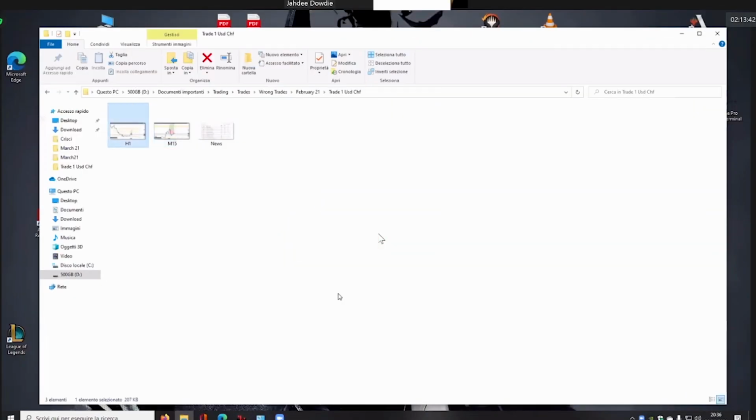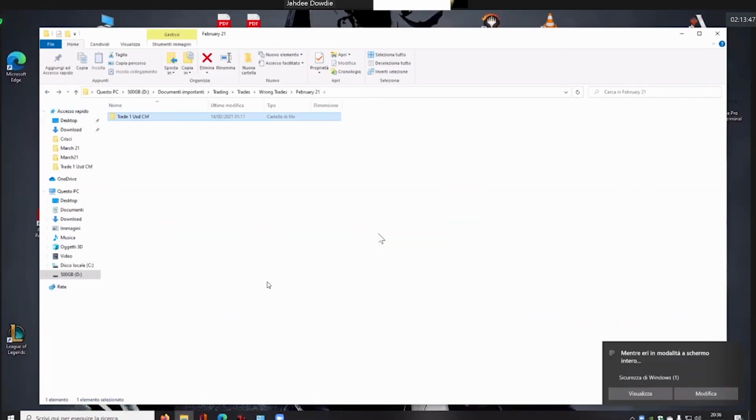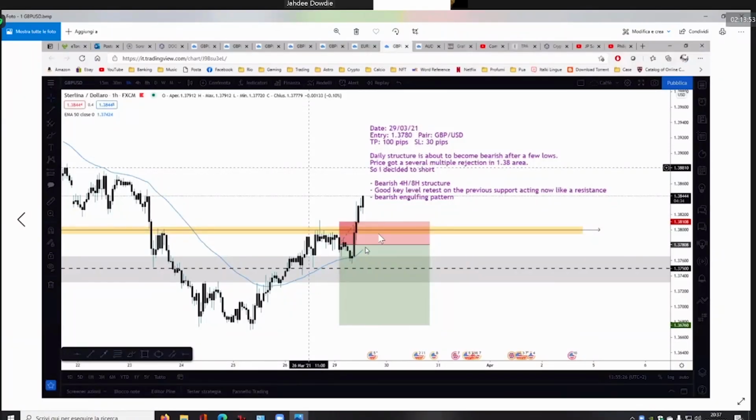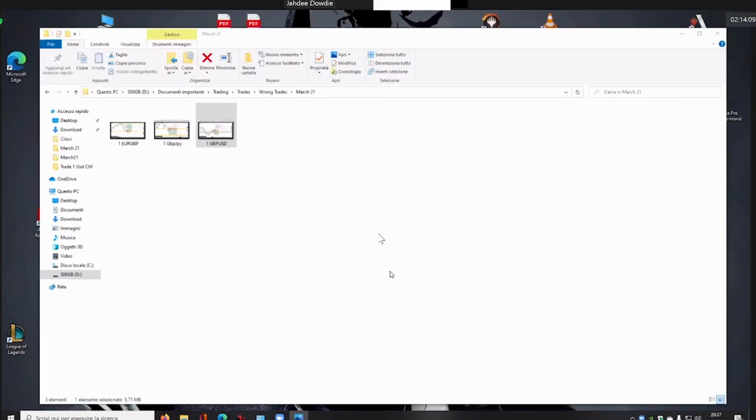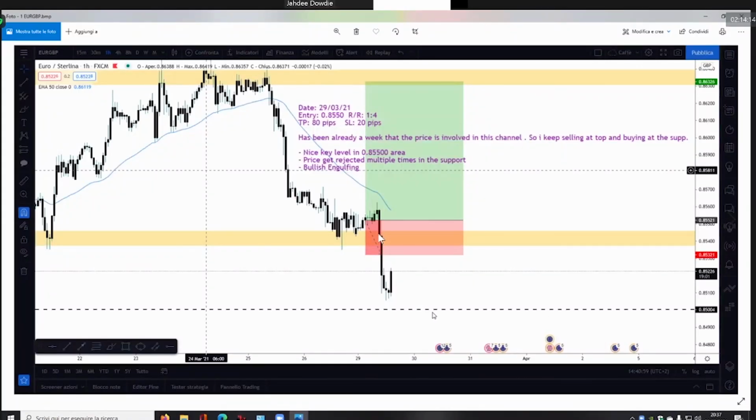Now this was almost the first thing that I journal, but even in this one, for example, the GU that I took yesterday, here I forgot to put the risk reward, but just by watching you can already see that it's maybe 1 to 3. You put the stop loss and the take profit, so it's about 1 to 3. For example, also here, even this one, 1 to 4.